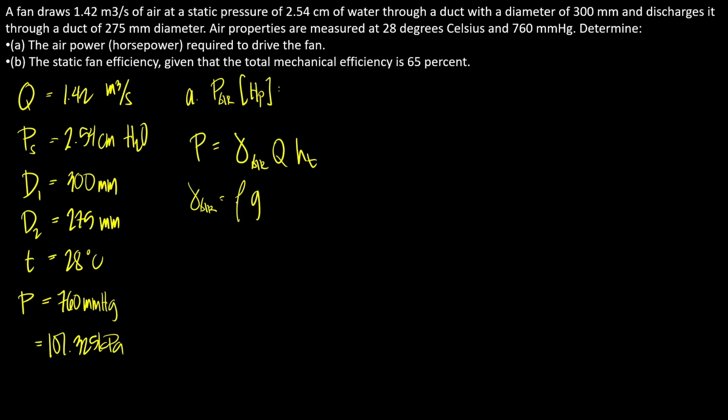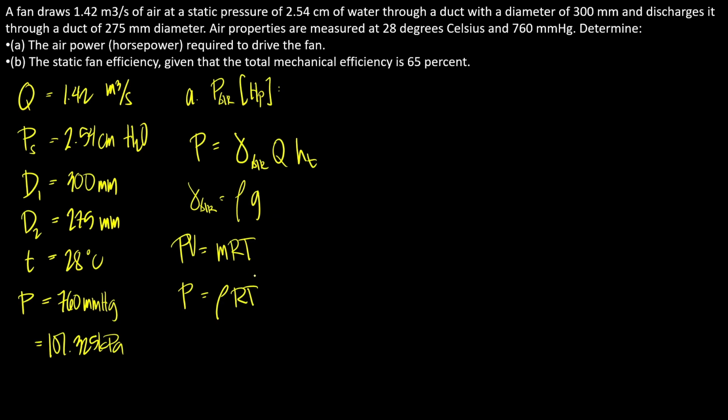Since we don't have the density but we have the temperature, we could just use PV = mRT. But we know that mass over volume is just density, so we can simplify it. Then we have the Q, and the total head, which we'll tackle later.